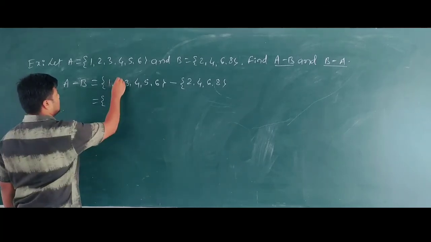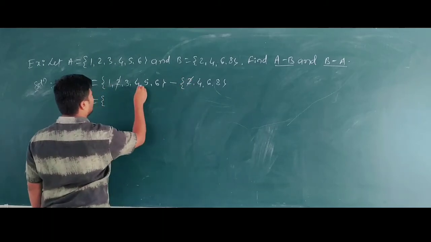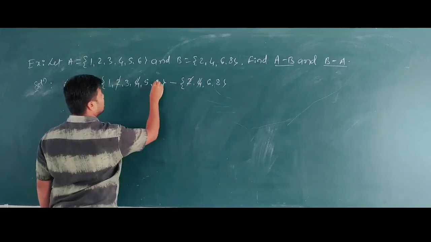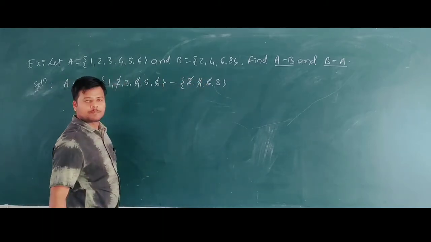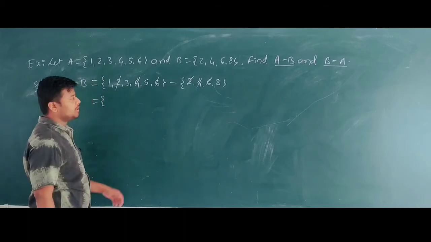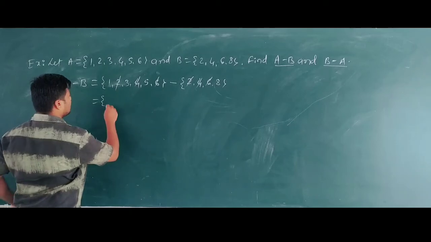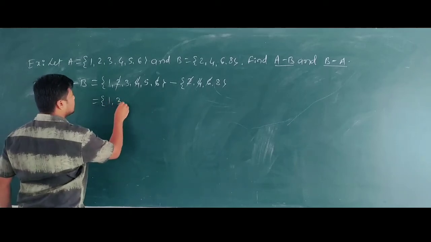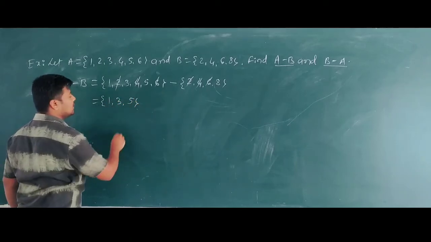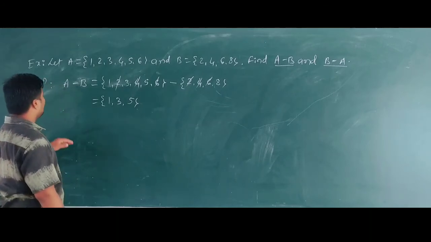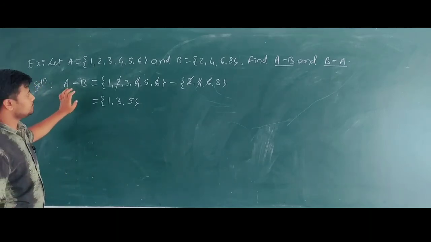Common terms are 2, 4, 6. And write down the elements only belonging to set A. So only belonging to set A are 1, 3, 5. So these are the elements of A minus B.